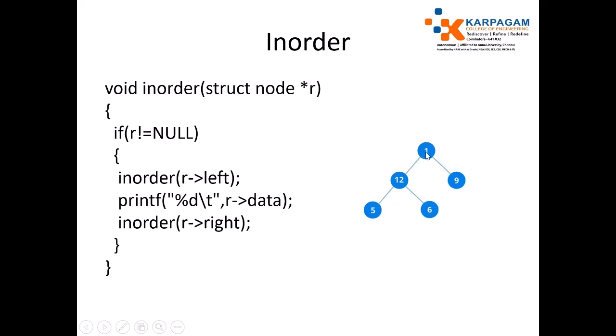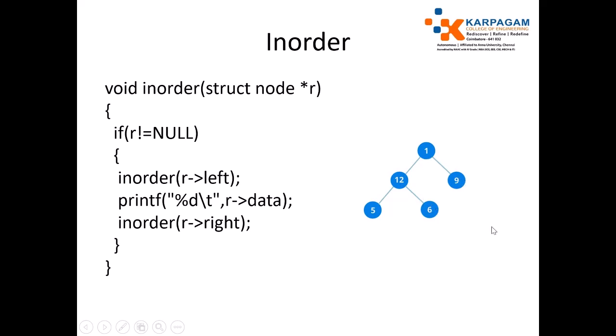Then 1 will be printed here, and after processing the left subtree and root node, the right subtree will be processed by using in-order of R of right. When you pass R of right, it will print 9. So the output for in-order traversal is 5, 12, 6, 1, 9.